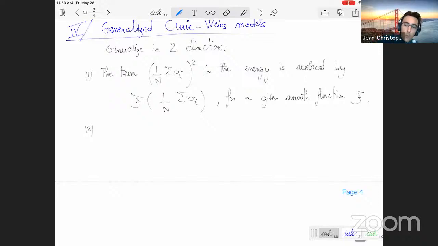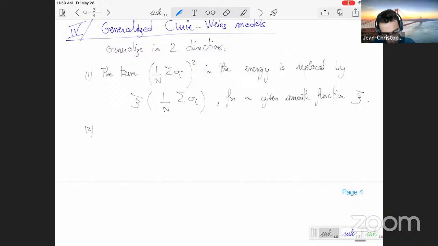And the second bit, perhaps somewhat less important, but which I think is also interesting to keep track of, is that there was this sum over sigma, which we can think of as having an underlying reference measure being a product of Bernoulli random variables. And I want to generalize this and decide that it can be any probability measure.